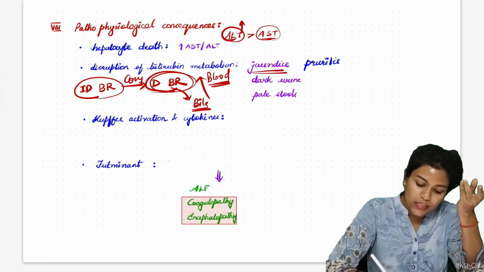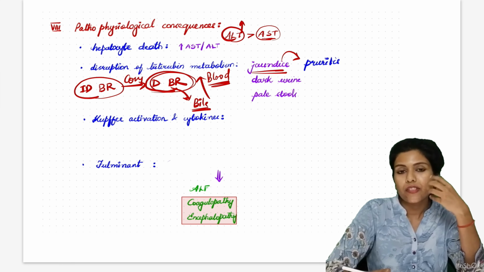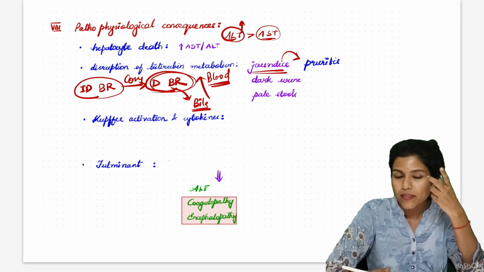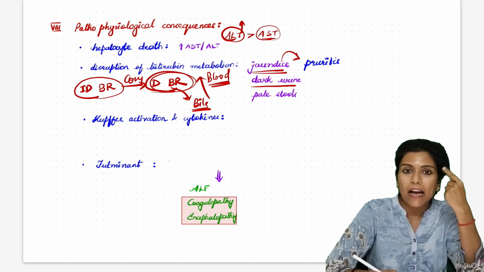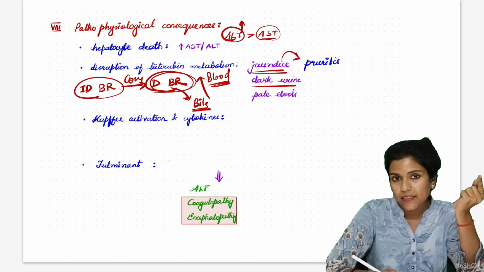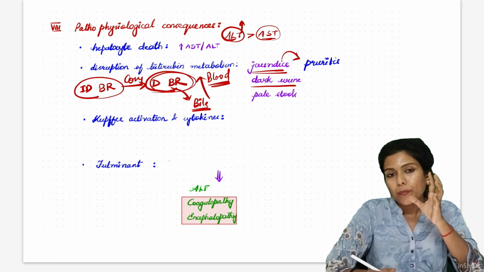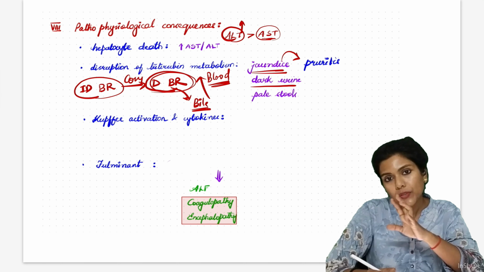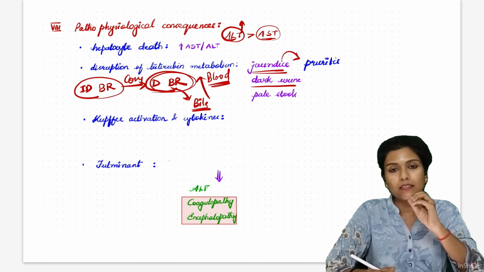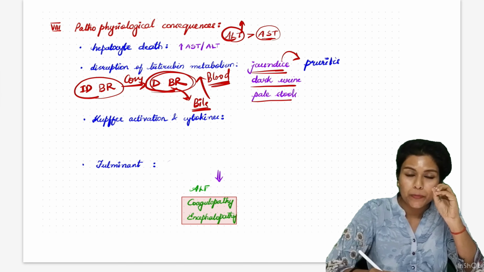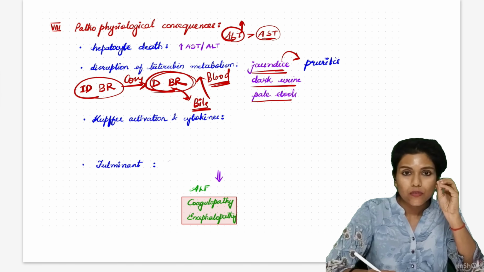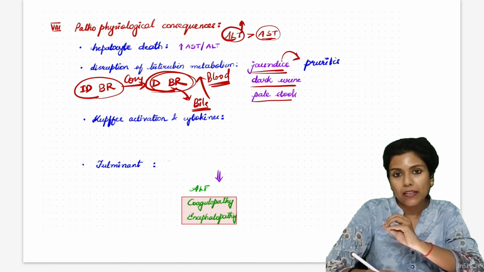That is, it will lead to pruritus, yellowish discoloration of the skin, mucous membrane, and sclera, and dark urine, because blood will have increased bilirubin which is excreted via kidneys. So bilirubin will come out in the urine as dark, tea colored urine, and there will be pale stools because bilirubin is not excreted into the bile.